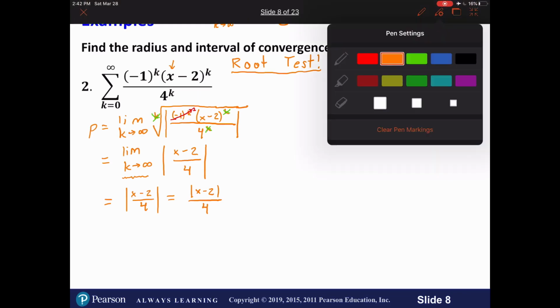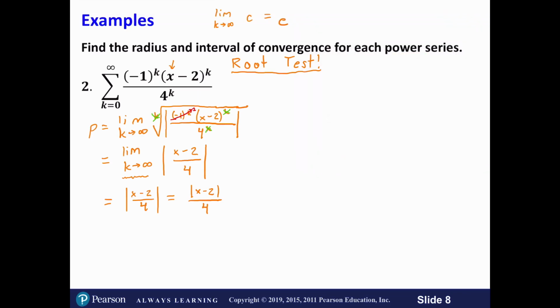So the question I ask: for which values of x is the absolute value of x minus 2 over 4 less than 1? Alright, and the way that we figure that out is we just set up that inequality and solve for x.